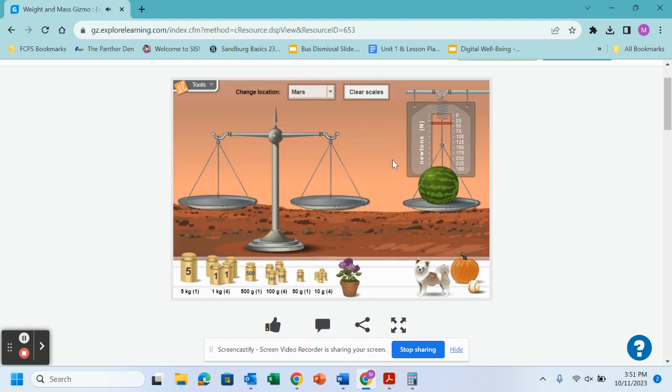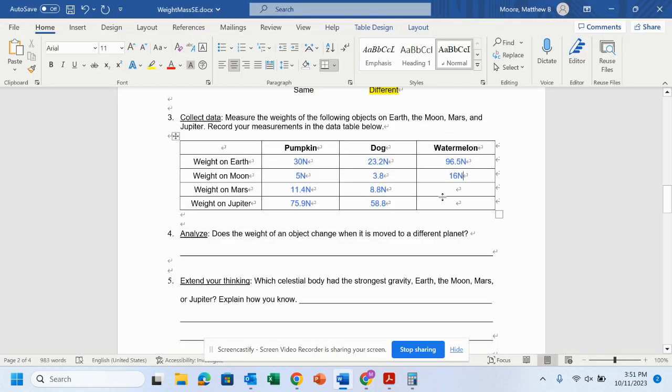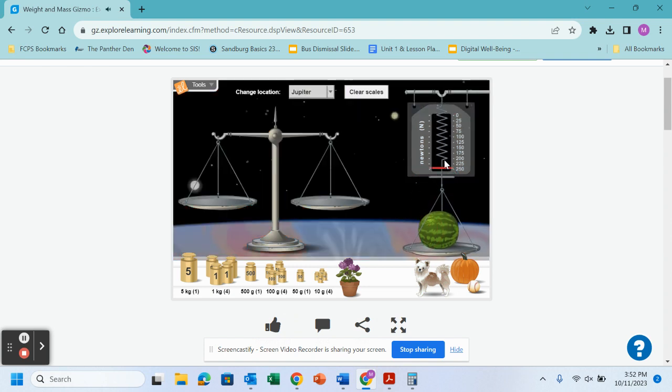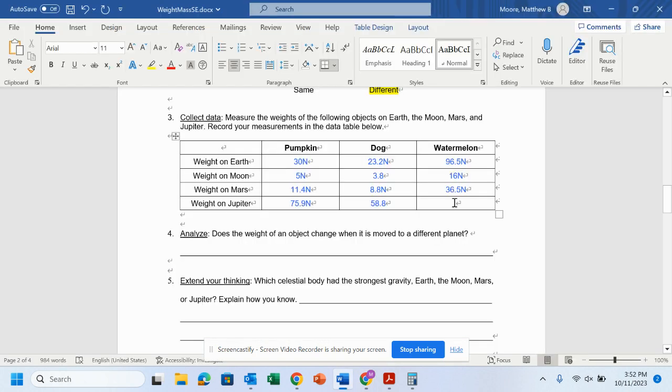Mars, 36.5 newtons. And Jupiter. It's going to be 244.2 newtons. It's pretty big, actually.